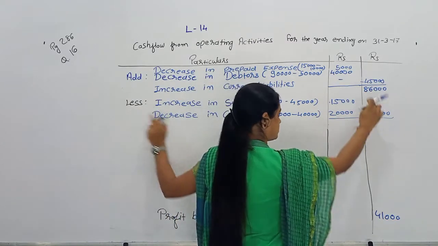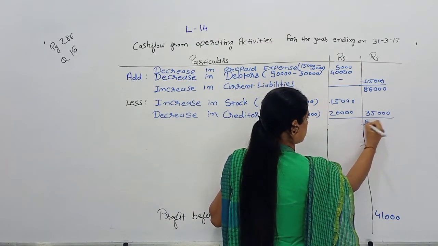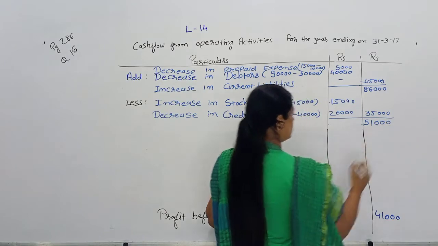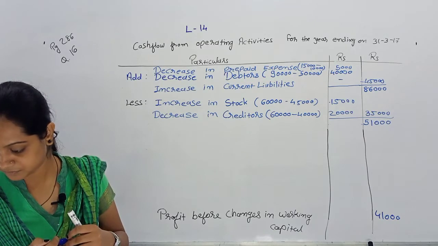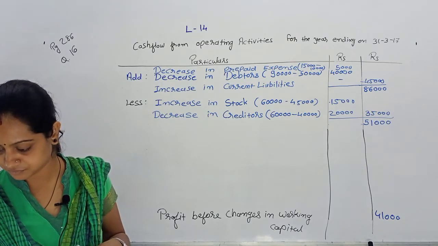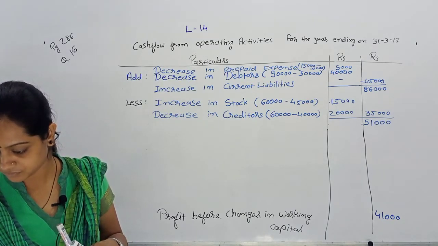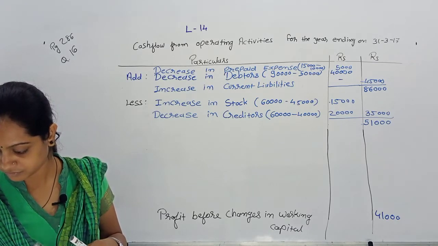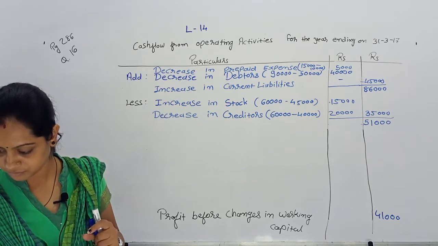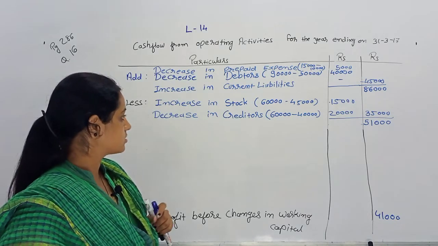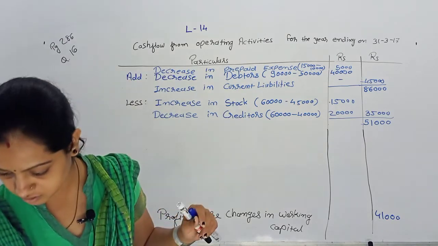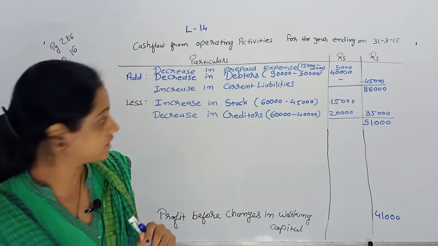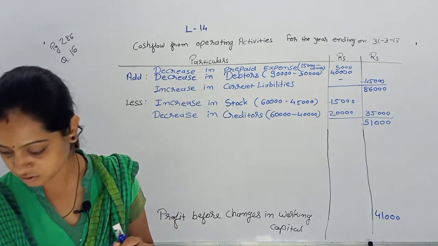So 86,000 minus 35,000, our answer will be 51,000, right? Just a second. 40, 50, 5,000, 45,000.